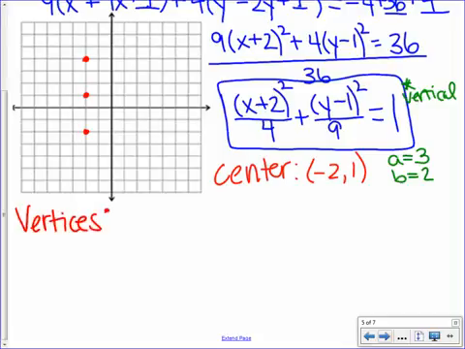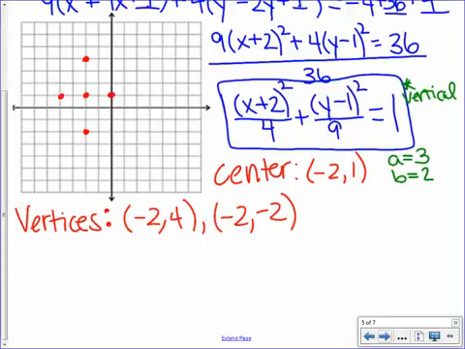So our vertices are (negative 2, 4) and (negative 2, negative 2). Our minor axis points are going to be b away, so we move 2 away, and I'm going to have you label those as minor vertices. You're not going to see that in the book, remember.